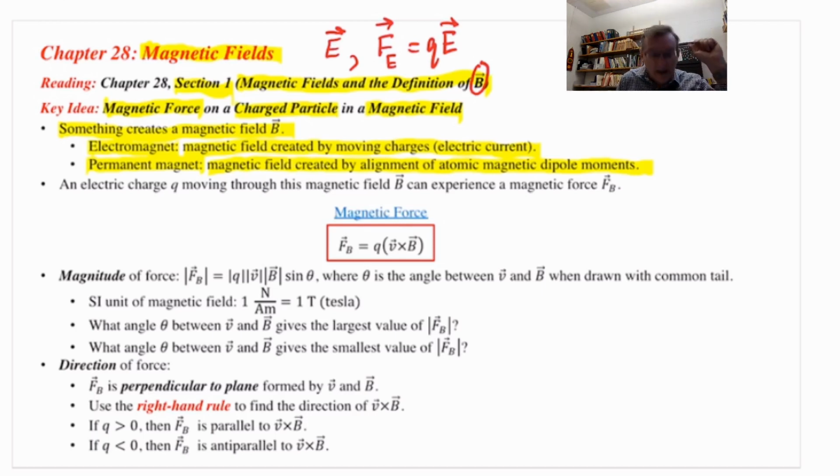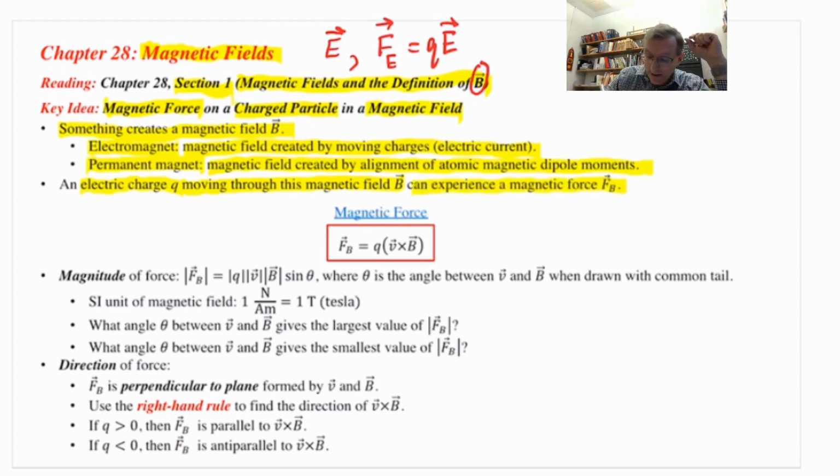All right, then here comes an empirical fact from experiment. You have some amount of electric charge Q on a particle, and that particle is moving through a region of space where there's a magnetic field B arrow, perhaps because you're near a permanent magnet. Then you can find that the particle experiences a magnetic force.